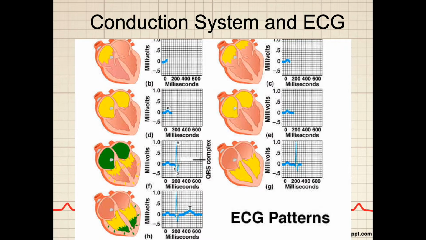We see the energy starting to run through the upper part of the ventricles, represented by the QRS complex. At the end, we see repolarization, and that's represented by the T wave. So if you're looking at this graph, it goes left to right, where yellow represents depolarization and green represents repolarization.